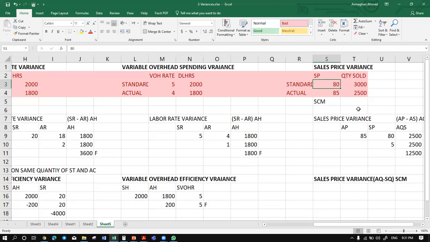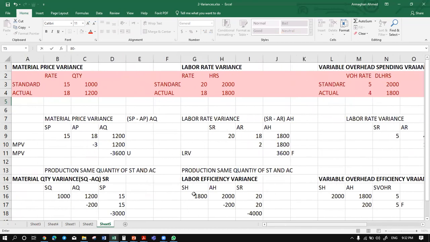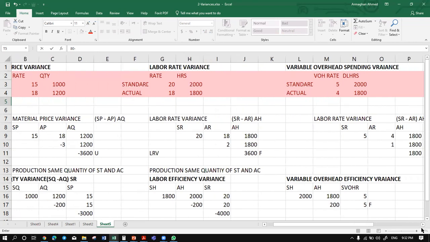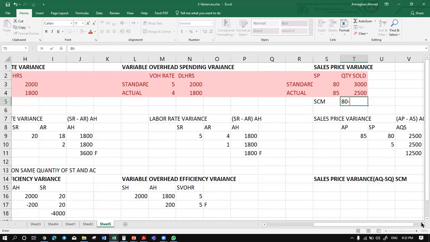The standard contribution margin is 80 minus 15 minus 20 minus 5, which is equal to 40. Am I right?